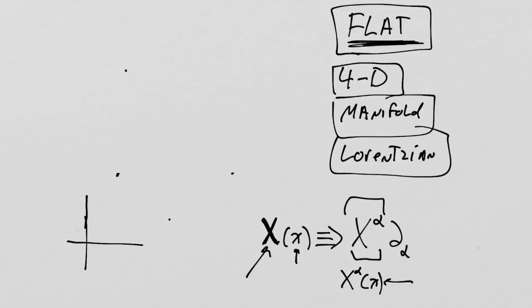So with that in mind, we're going to proceed by beginning with some point P0. And I'm following the development of Misner, Thorne, and Wheeler. It's somewhere around page 235.